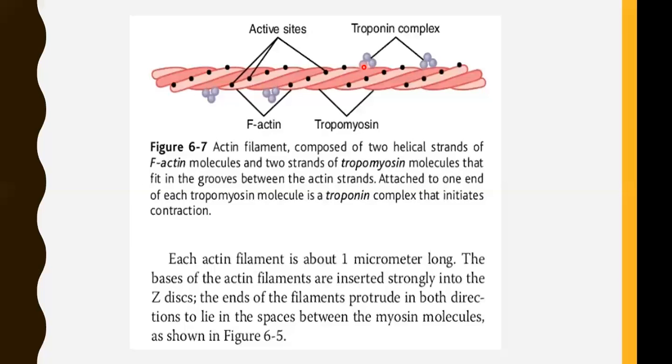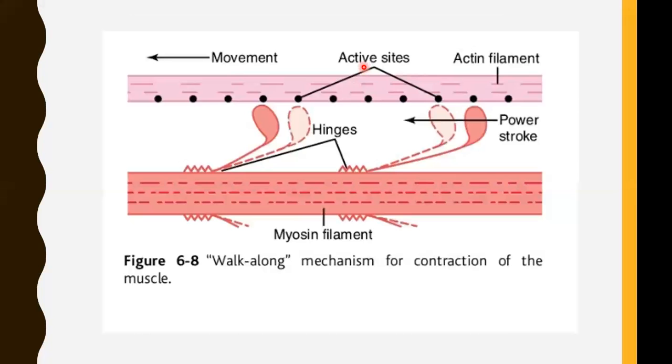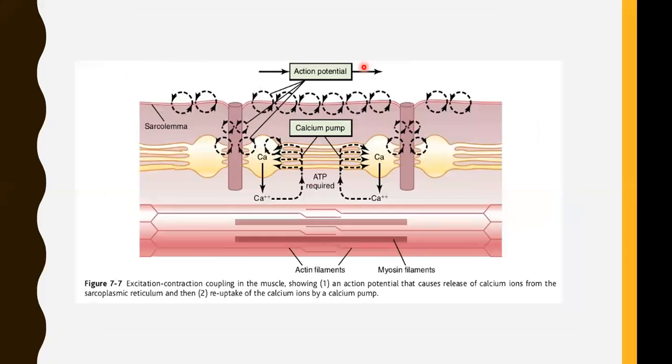Once there is a release of calcium ions, those calcium ions come in contact with the active site of the actin, and there is generation of attractive forces. And then there are two theories. One is the walk-along theory. The second one is the sliding theory.